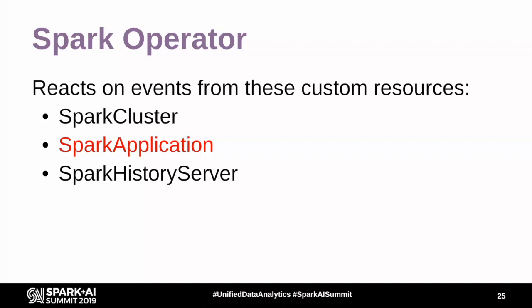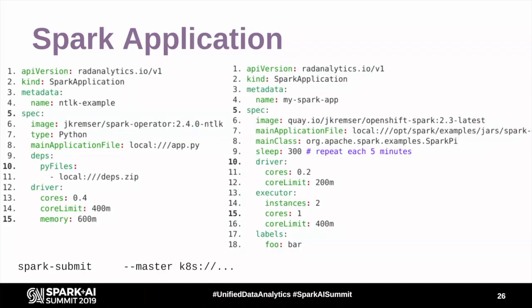And the other thing that it can support is a Spark application. I'll only show you an example of how it may look. The custom resource on the left-hand side is a Python example that uses the NLTK library for natural language processing. And these Spark applications are different. These are basically wrappers around spark-submit with the --master k8s strategy that uses Kubernetes as a native scheduling mechanism.